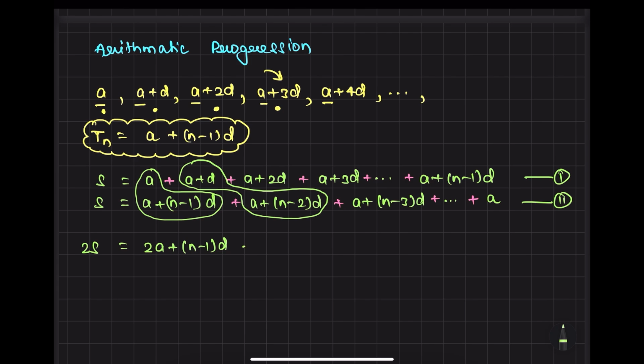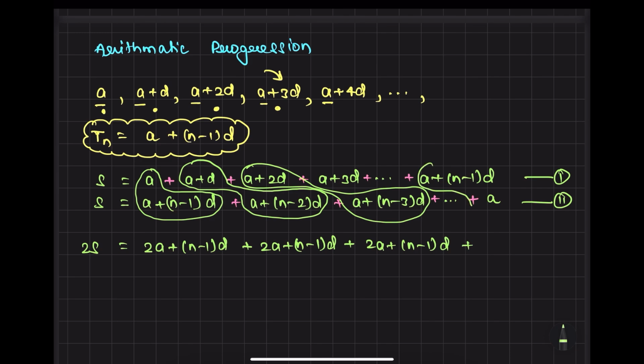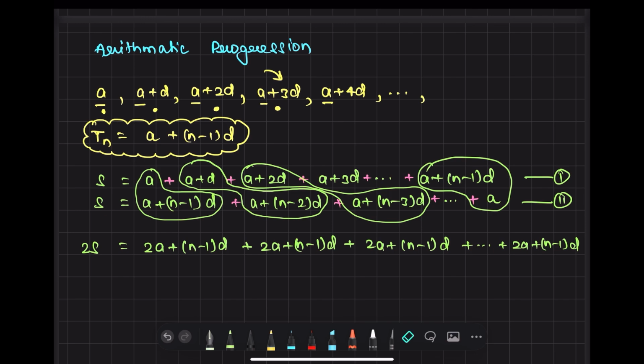So again you will be having 2a plus n minus 1d plus again 2a plus n minus 1d, and then at the end you will be having 2a plus n minus 1 d. As you all know that the number of terms is n, so you will be having same thing n times.